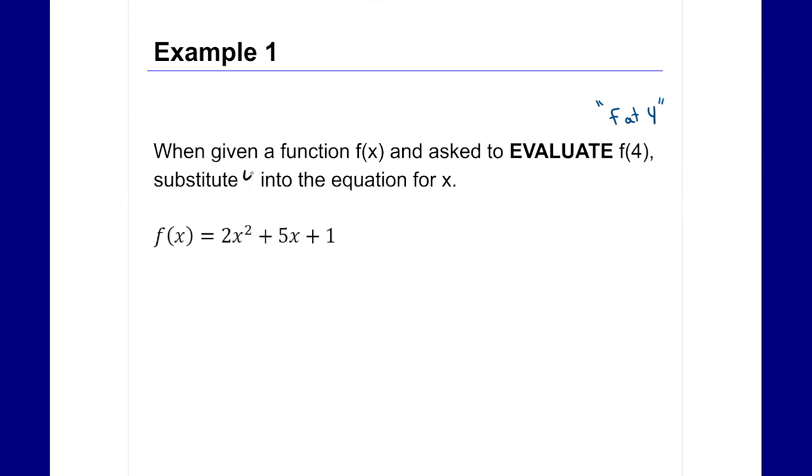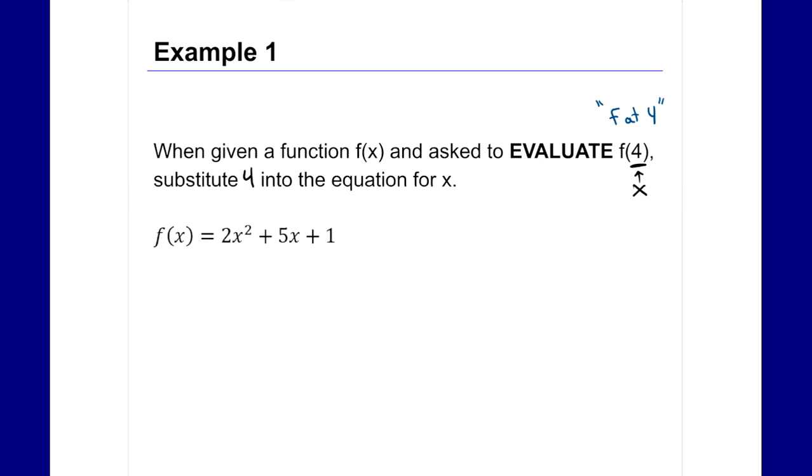We want to substitute in 4. So we substitute 4 into the equation for x, because whatever is in the brackets is just our x value. That is telling us what our x value is going to be.